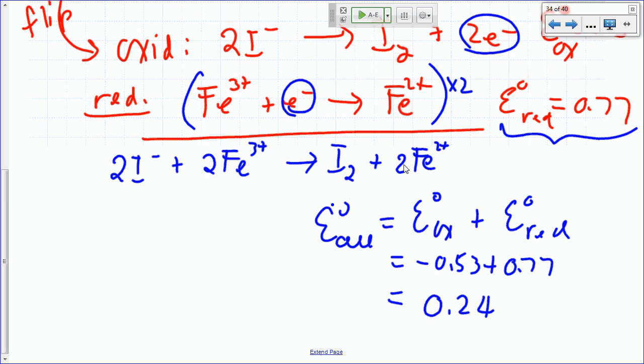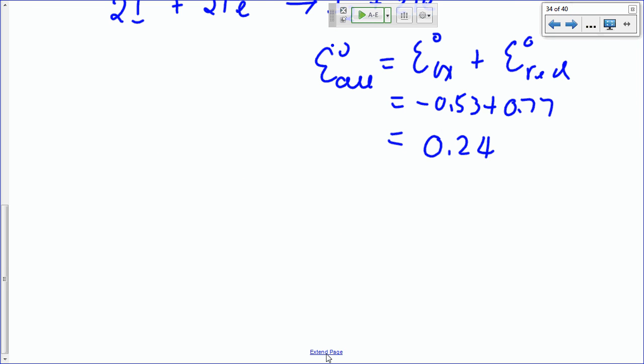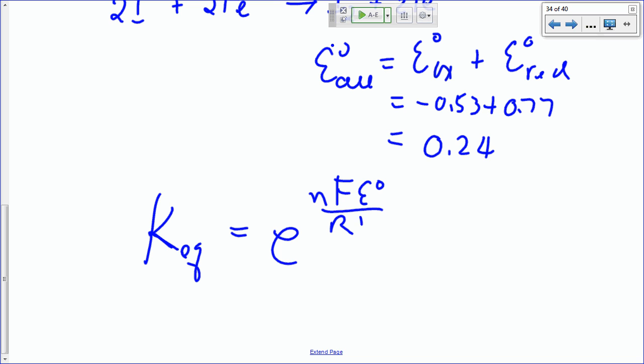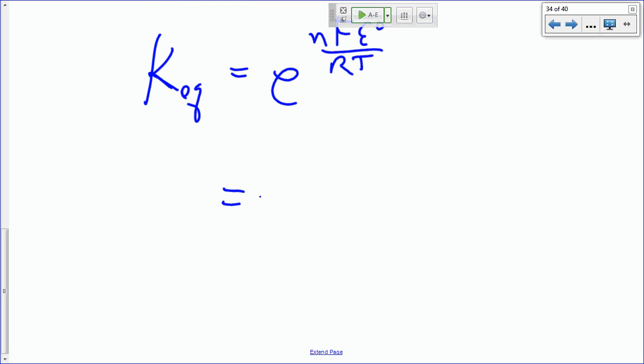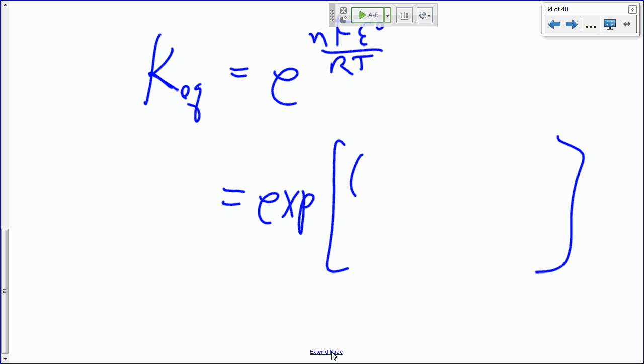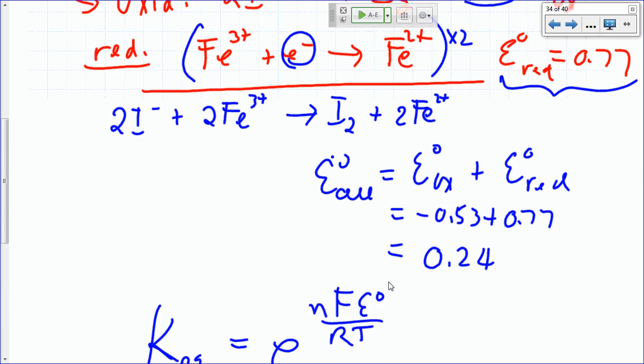What's my KEQ? E to the n f E naught over RT, right? So that's going to be equal to EXP, that's another way of saying E. And what's our N here? How many moles of electrons are transferred in this reaction?